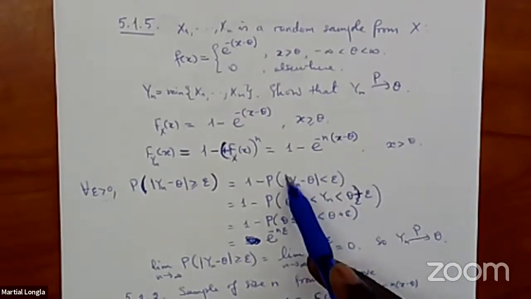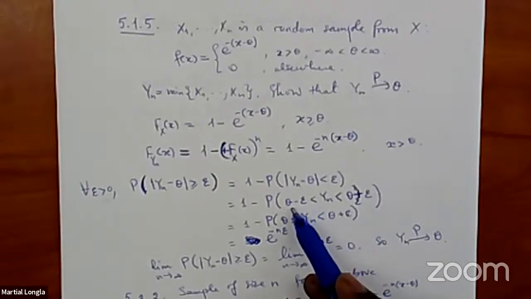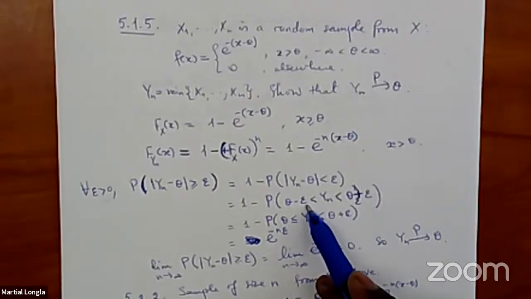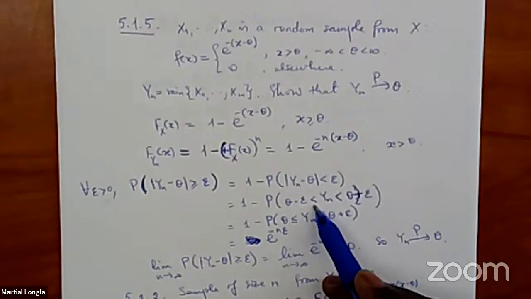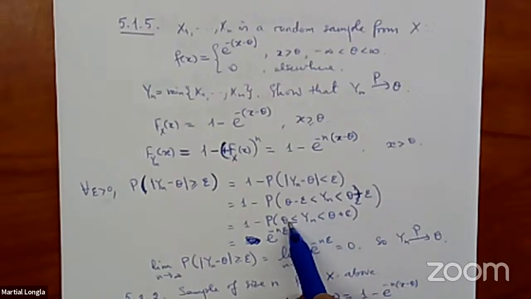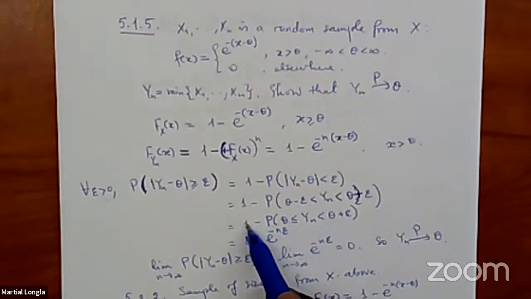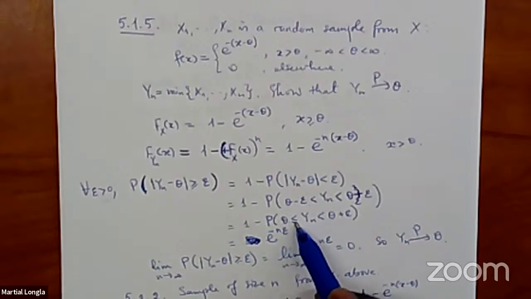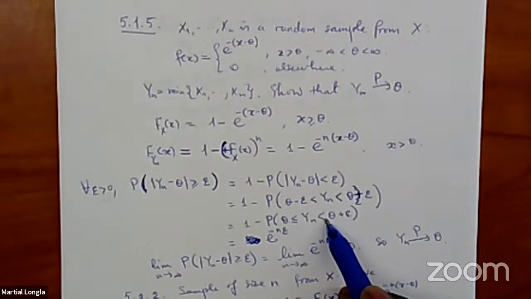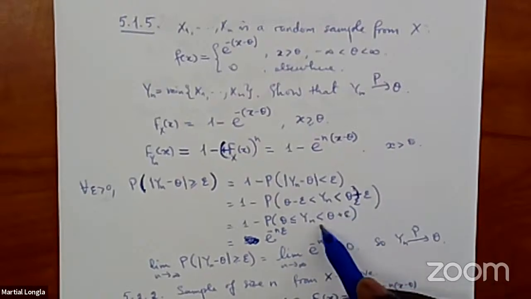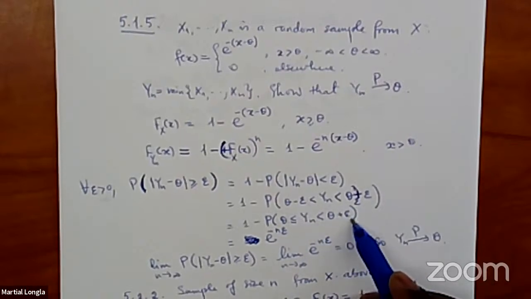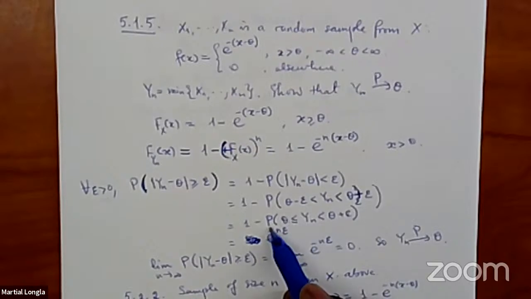But when I remove the absolute value, I can see that theta minus epsilon is less than theta, so it's not going to be covered. This is going to stop at theta. Therefore, it's going to be 1 minus the probability that theta is less than Yn, less than theta plus epsilon. And this probability is capital F of theta plus epsilon minus capital F of theta. Right?